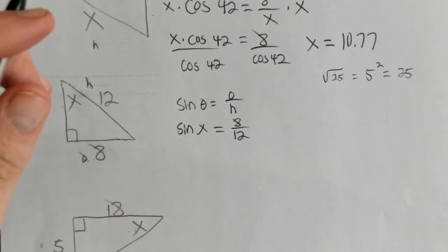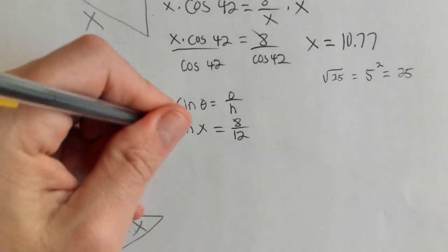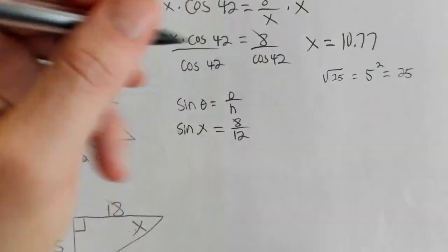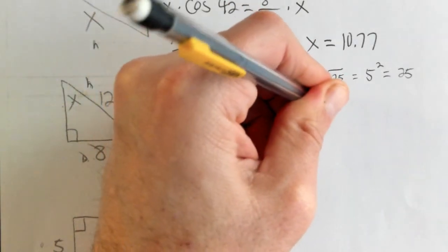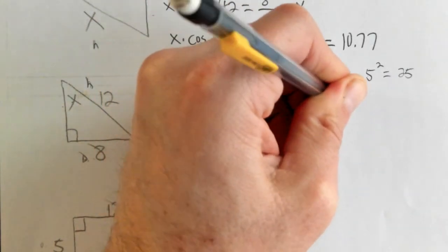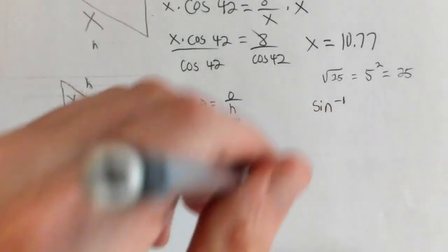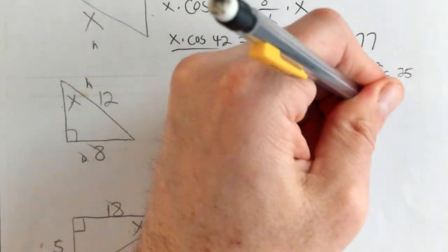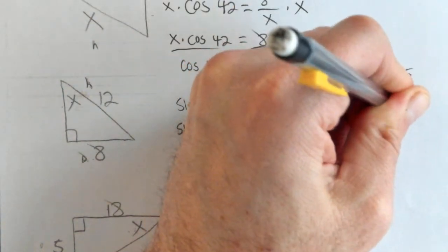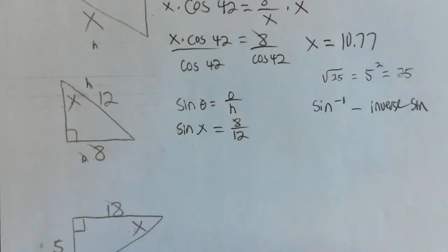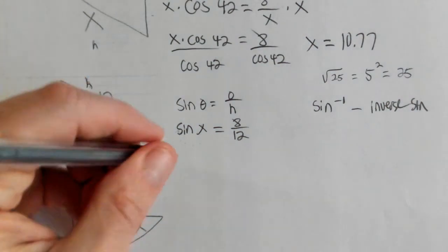And it turns out that the function that's the opposite of the sine function is called inverse sine. And here's what it looks like when you write it out. It looks like sine to the -1 power, but that -1 right there is the symbol for inverse. It's called inverse sine. So what we need to do is apply the inverse sine to both sides.